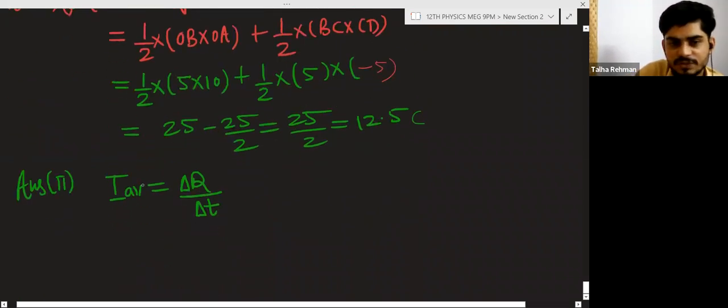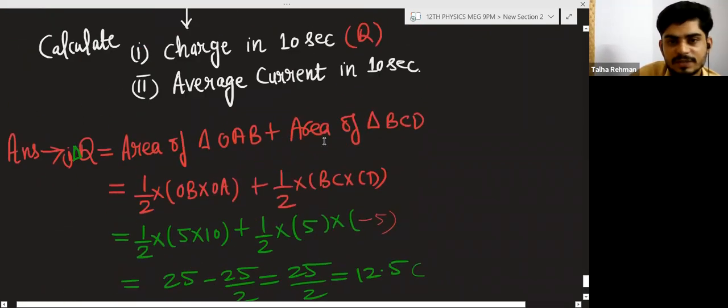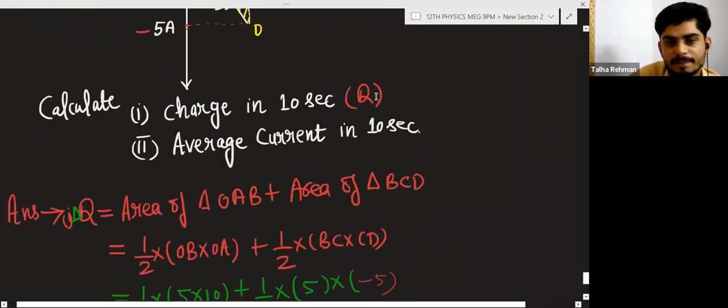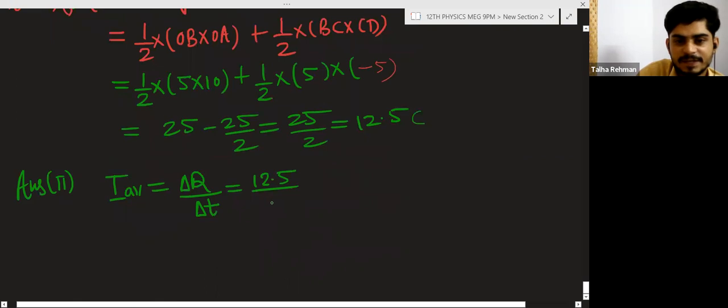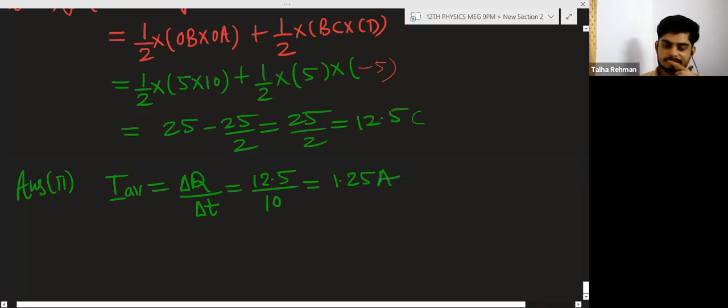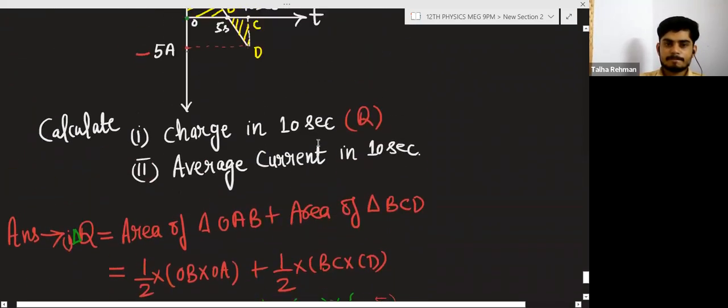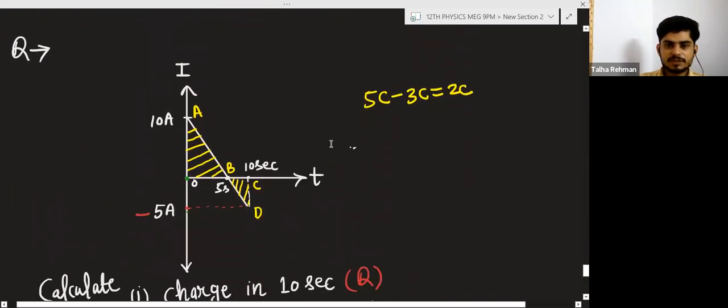So the average current is delta Q, charge is 12.5, and we have to find this in 10 seconds, divided by this. This will become 1.25 ampere. So please note it down.